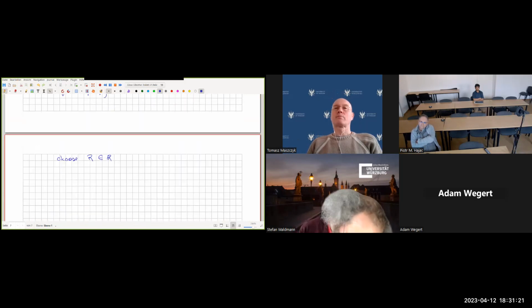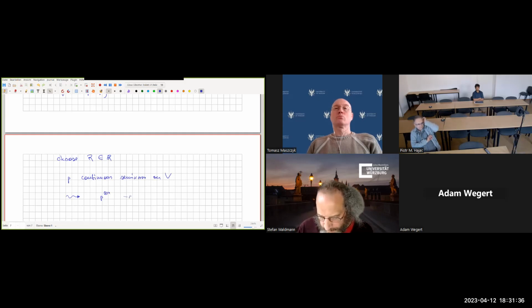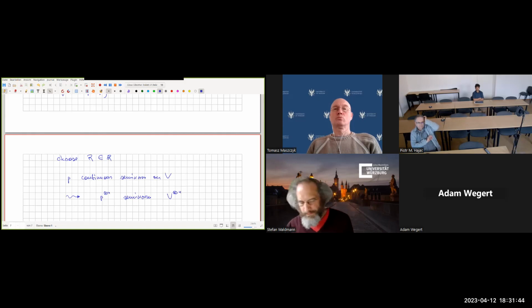If we have a continuous seminorm on V, we get seminorms on tensor products, and therefore also on the symmetric tensors.